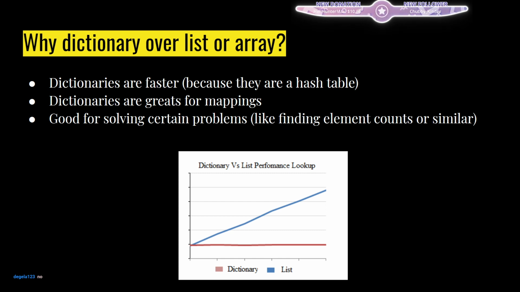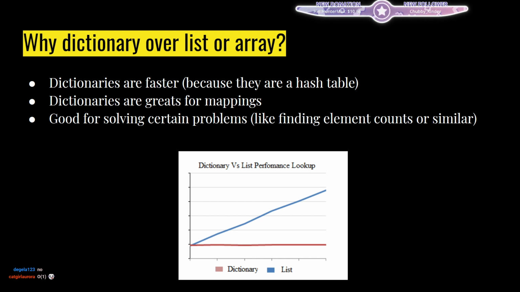Why do we need dictionaries altogether? It's great for mappings. And it's also great for solving certain problems. For example, if you had to find counts of letters in a word, it would be crazy to not use dictionary, and I wouldn't even know how to do it without using dictionary.